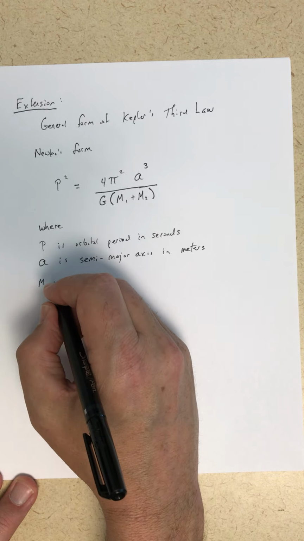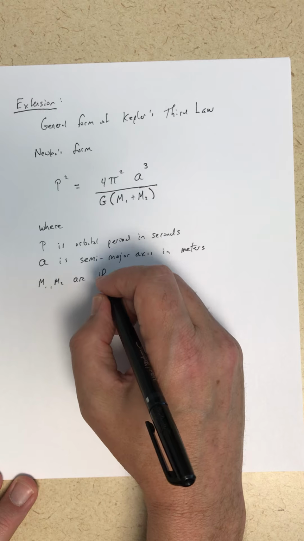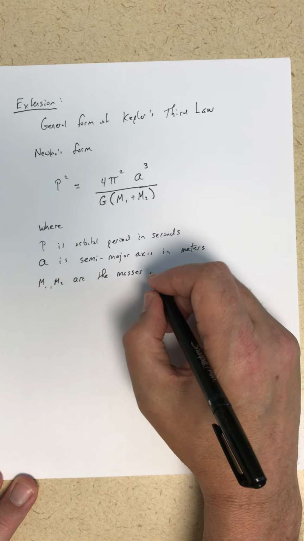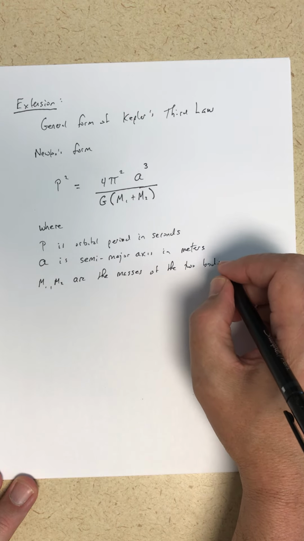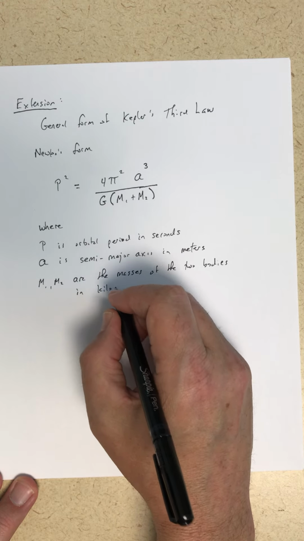M1 and M2 are the masses of the two bodies in the orbit, and that is measured in kilograms.